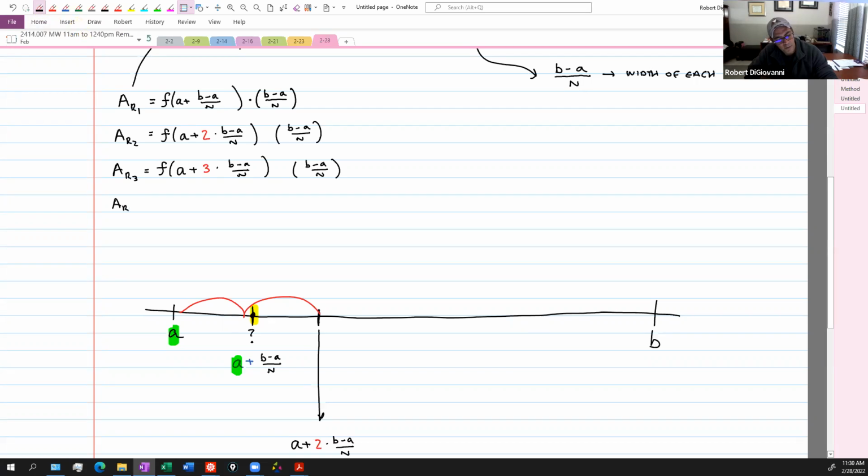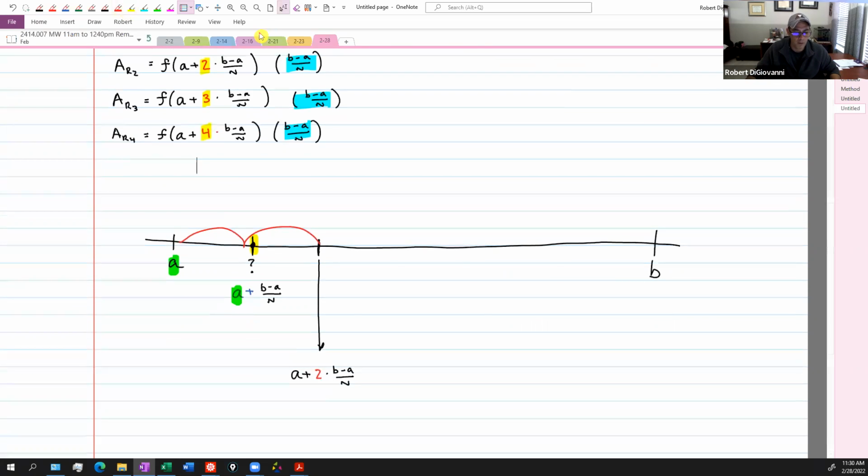The area of the fourth rectangle will be F of A plus now 4 jumps of that width, times the width of the rectangle. So each one of those is a height times width, height times width, height times width, height times width. And in all of them, this never changes, right? The only thing changing in any of this is this number. That's the only thing changing. Let's keep going.